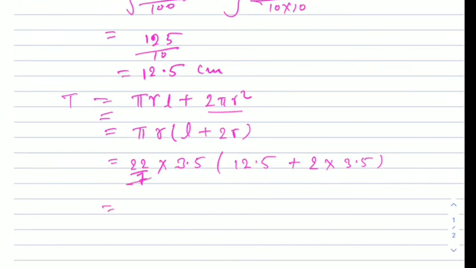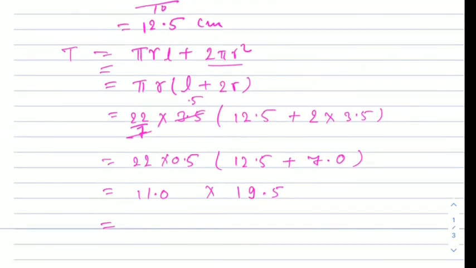Again 7 into 5 is 35, so we get 22 into 0.5, into 12.5 plus 7, which is 19.5.